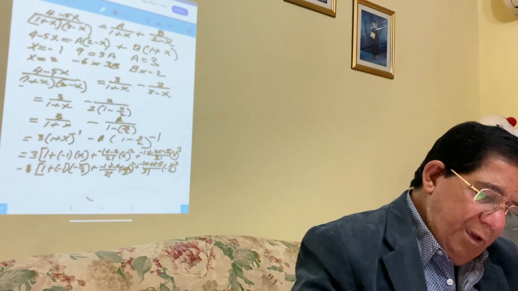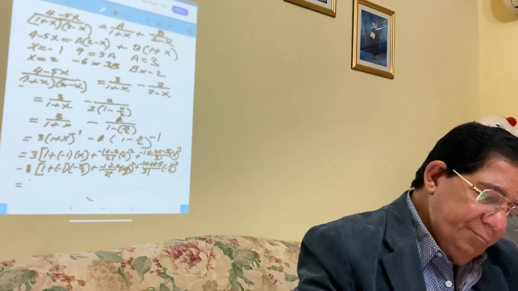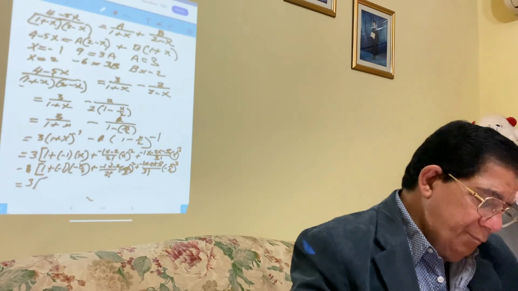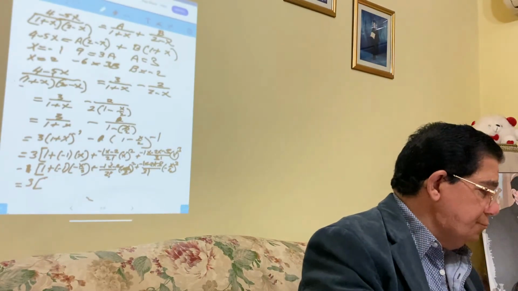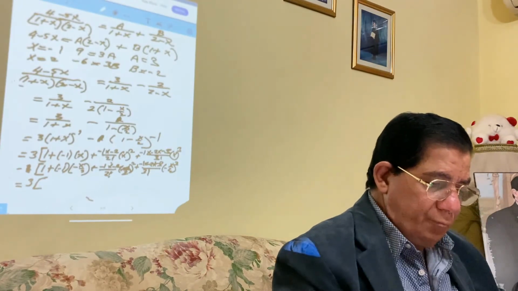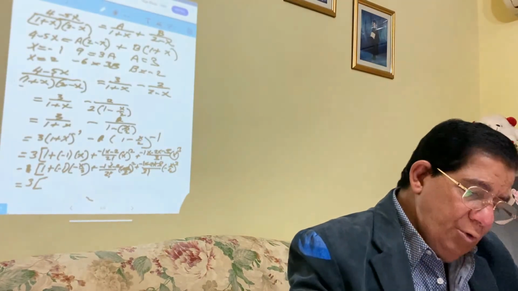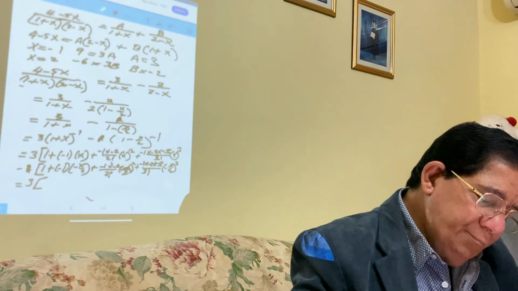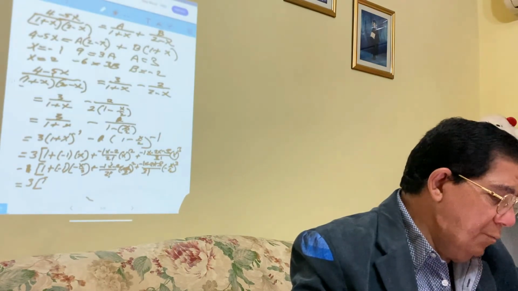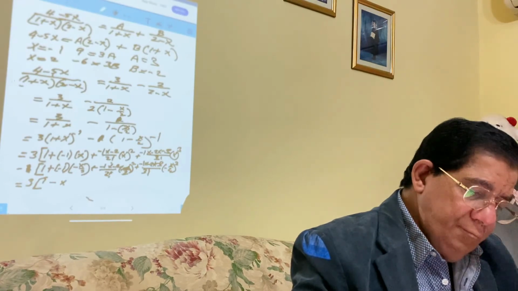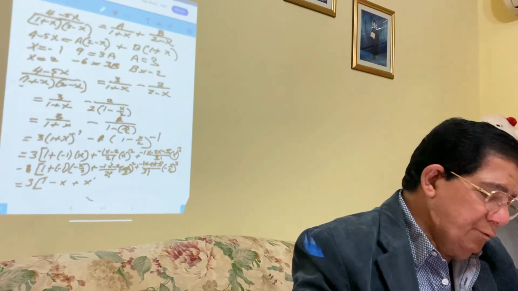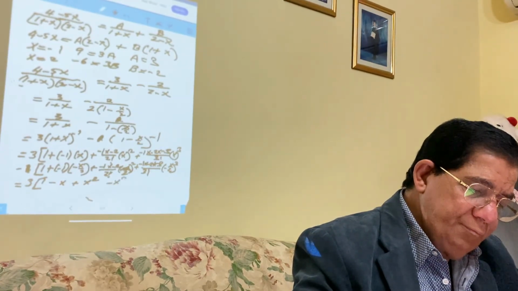This will be equal to 3 open bracket, into the expansion will be 1 minus x plus x squared minus x cubed.